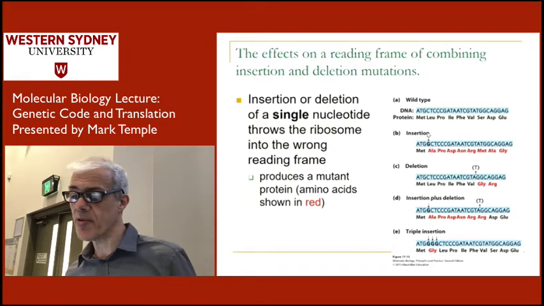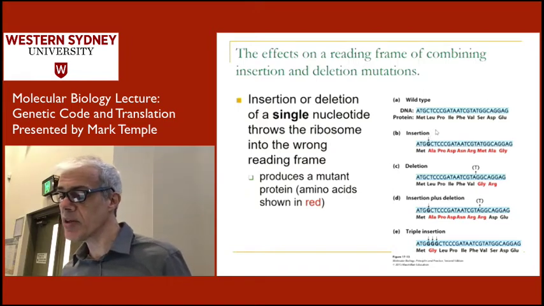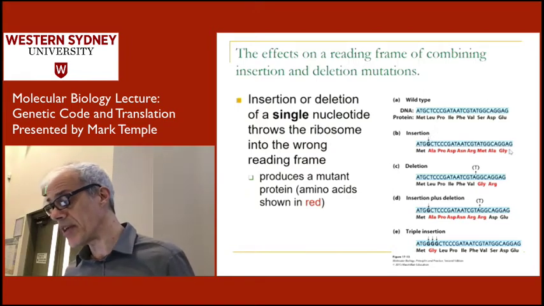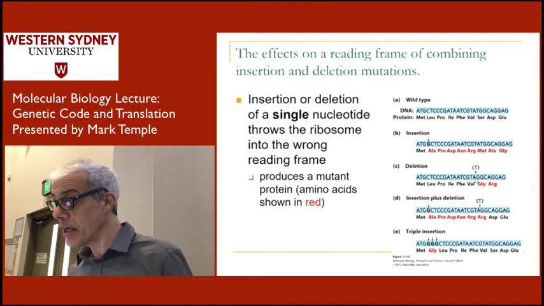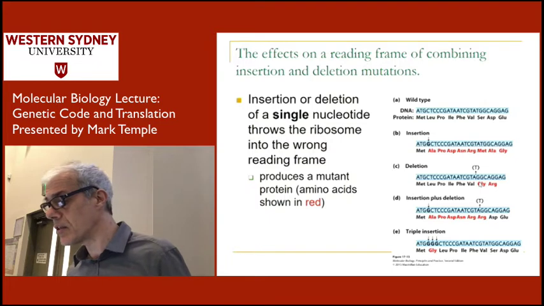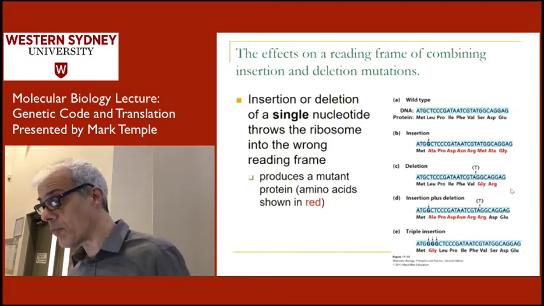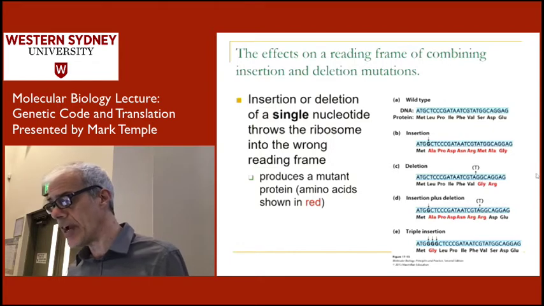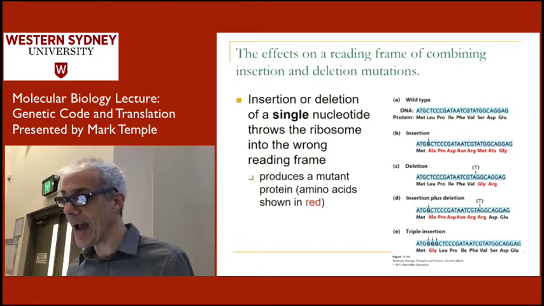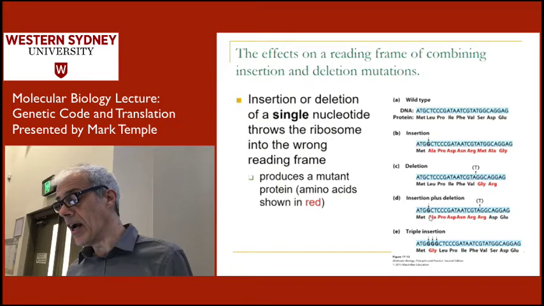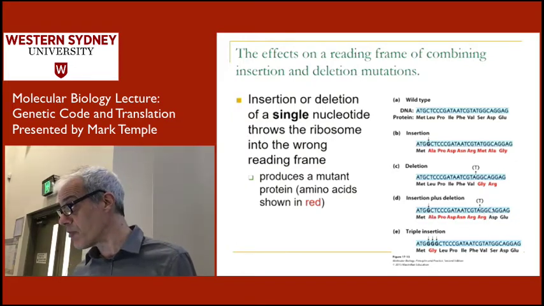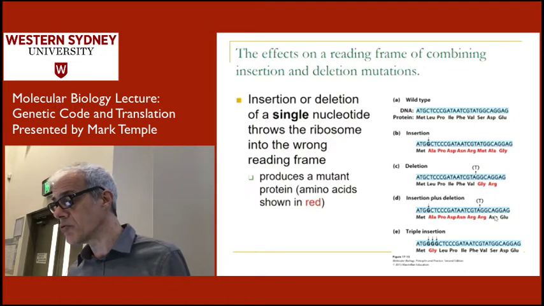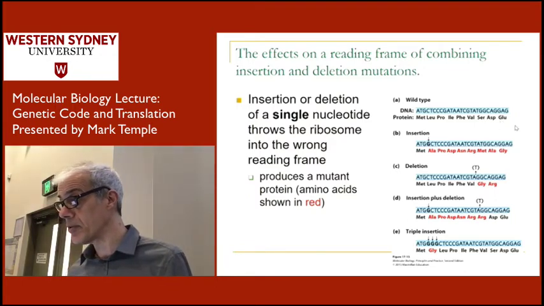And then here's some of the experiments they did. They did insertion experiments, which changed all of the amino acid sequence beyond the site of that insertion. They did deletion experiments, and that changed the amino acid sequence for all following amino acids beyond that change. They did an insertion and a deletion, so you had a different sequence, but the deletion put it back into the same reading frame, so that the protein sequence returned to the wild-type protein sequence.